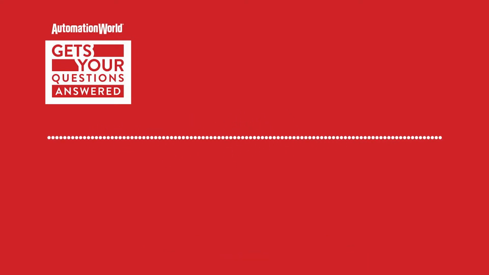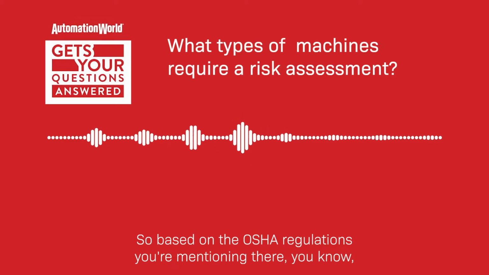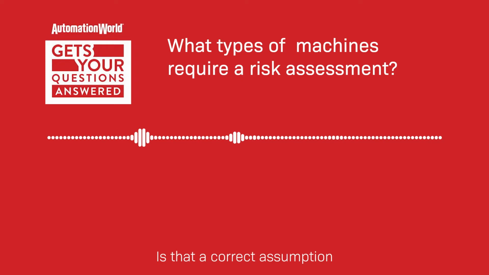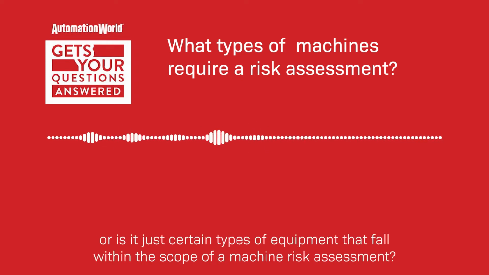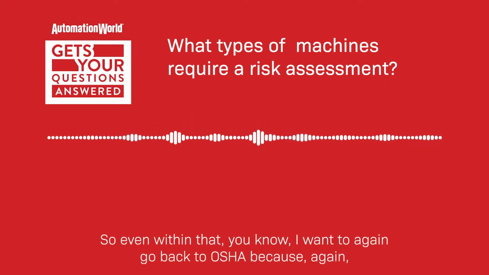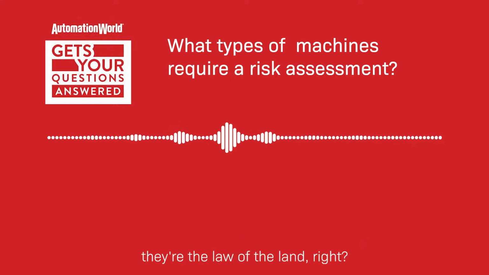Yeah. So, based on the OSHA regulations you were mentioning there, it sounds like all equipment in a manufacturing or a processing plant does require a risk assessment. Is that a correct assumption, or is it just certain types of equipment that fall within the scope of a machine risk assessment? Yeah, sure. So even with that, I want to again go back to OSHA, because they're the law of the land.